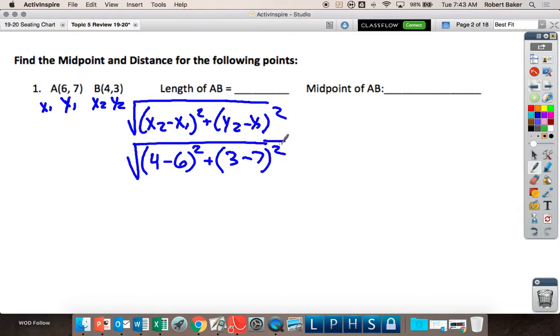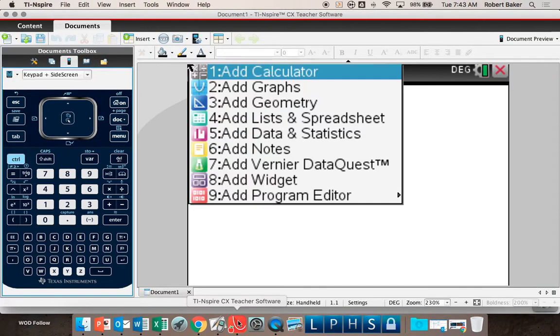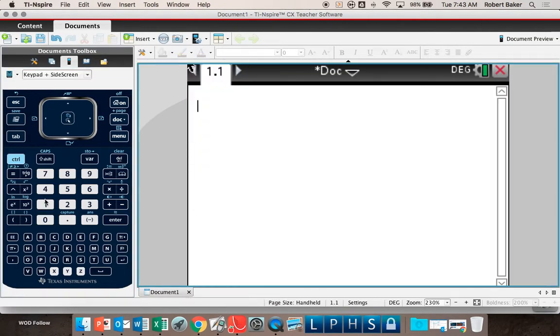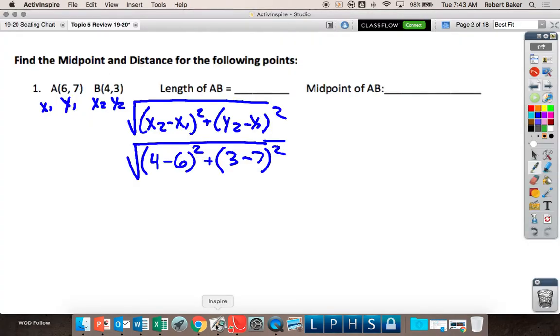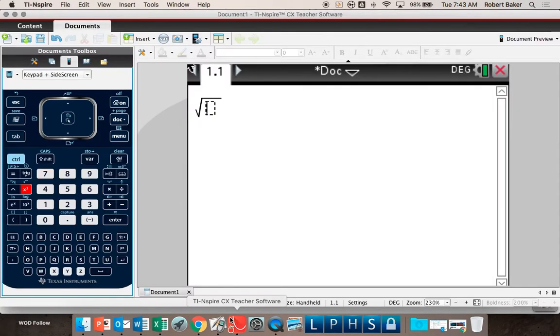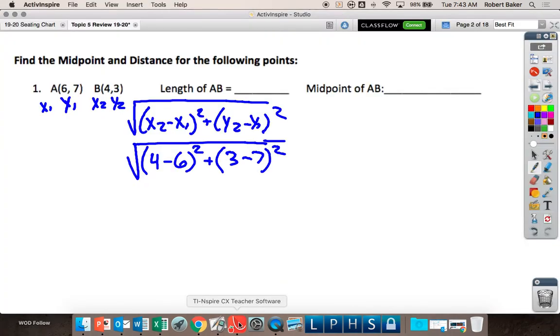So you need to take this equation and plug it into your calculator and figure out what the length of AB is. So I'll show you this one. We got the square root of parentheses 4 minus 6 squared plus 3 minus 7 squared.